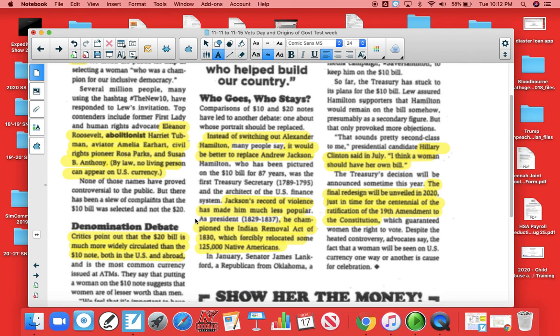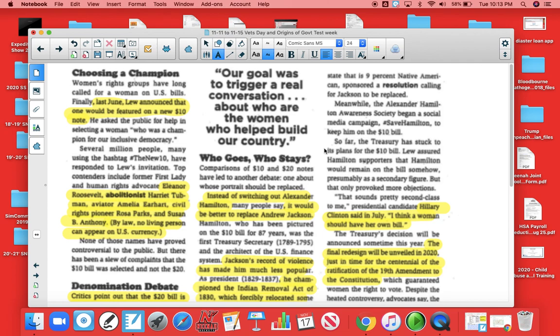As president from 1829 to 1837, he championed the Indian Removal Act of 1830, which forcefully relocated some 125,000 Native Americans. In January, Senator James Lankford, a Republican from Oklahoma, a state that is 9% Native American, sponsored a resolution calling for Jackson to be removed. Meanwhile, the Alexander Hamilton Awareness Society began a social media campaign, Save Hamilton, to keep him on the $10 bill.